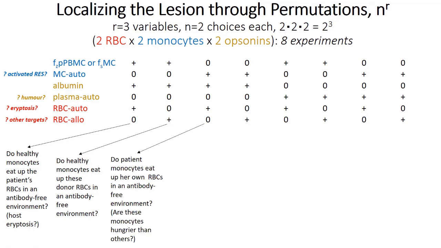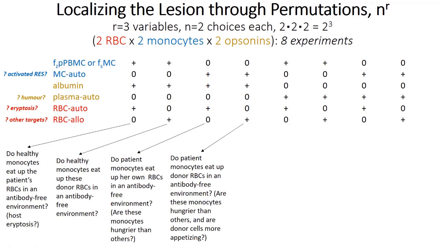In this other experiment, do patient monocytes, this is what's subbed in here now, eat up their own red cells in an antibody-free environment? In this next experiment, do the patient's monocytes eat donor erythrocytes in an antibody-free environment? Is the immune ramp up so high that an allogeneic red cell is indiscriminately being consumed?